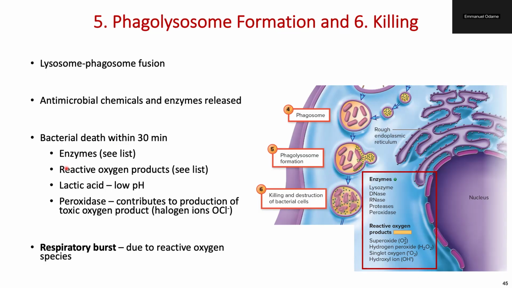The chemicals and enzymes released by the lysosomes can be enzymes, or reactive oxygen products. They can also be in the form of lactic acid, which contributes to low pH, or peroxidase, which contributes to the production of toxic oxygens.